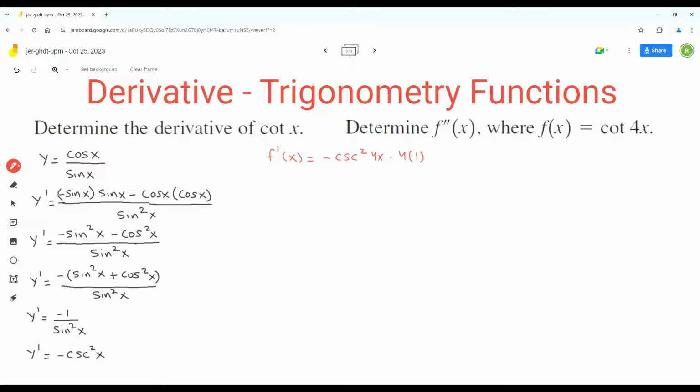So now we can simplify this expression. So 4 times 1 is 4 and we can move the 4 to the front of the cosecant. Now we can simplify this expression by converting cosecant into its primary ratio, which is 1 over sine. Since there is a square on cosecant, we'll change it to 1 over sine square 4x.